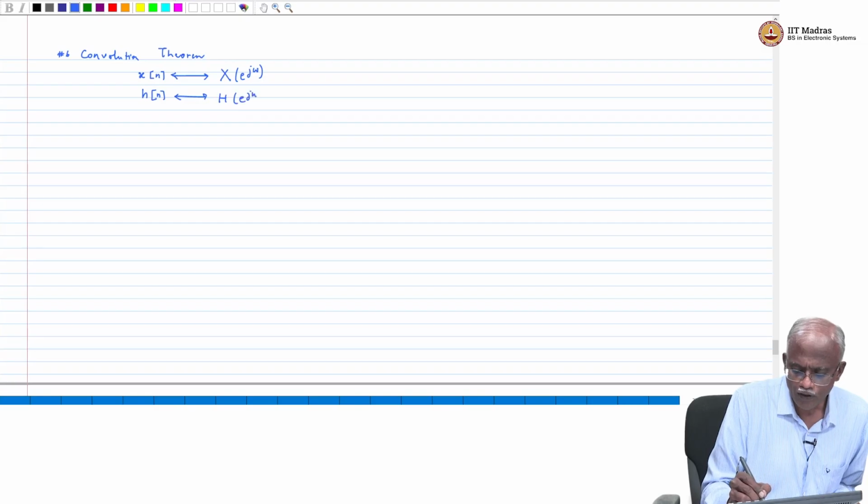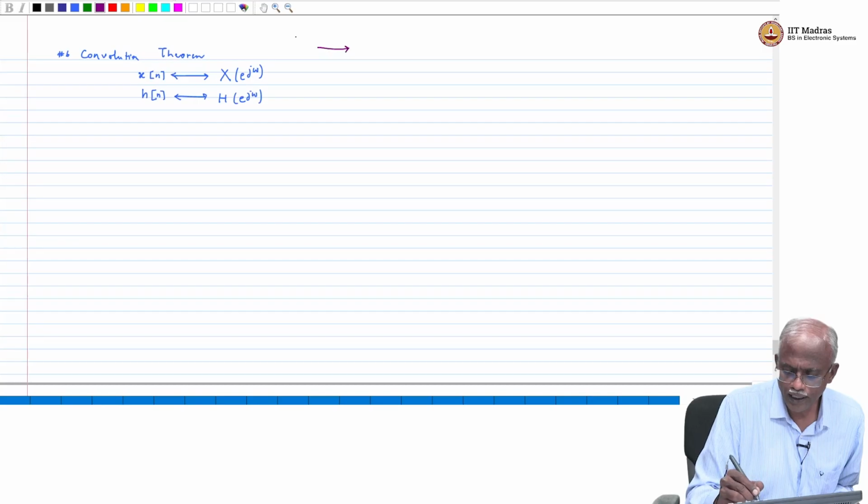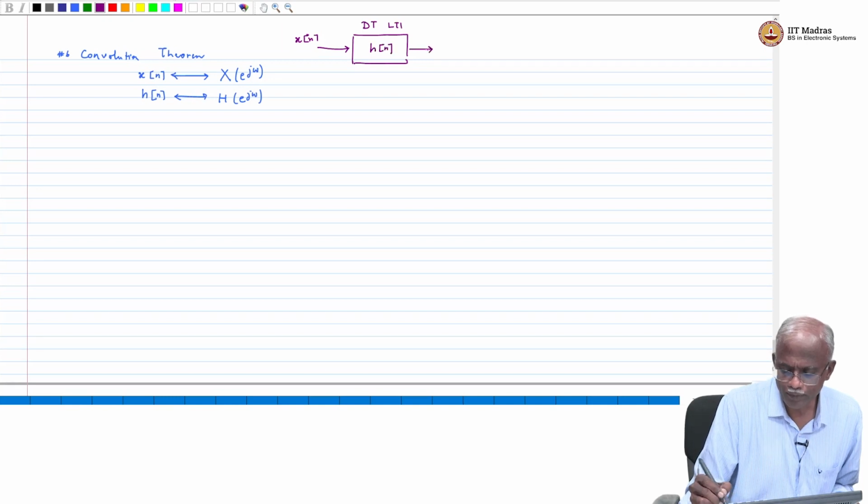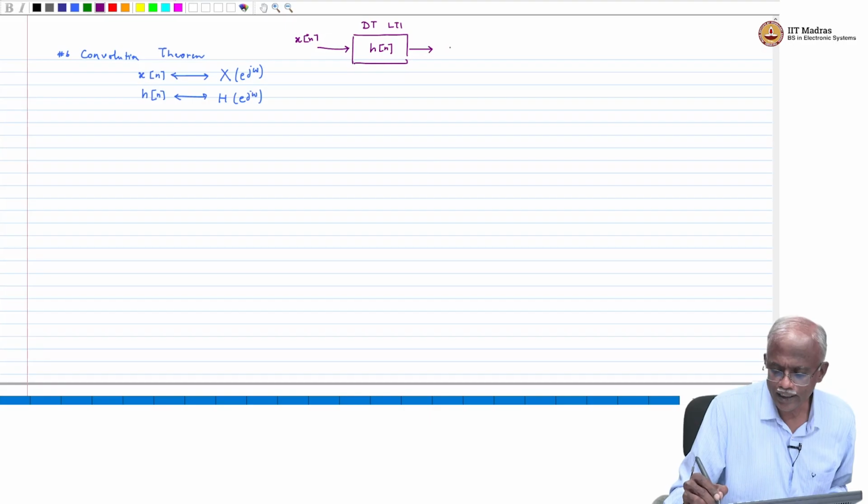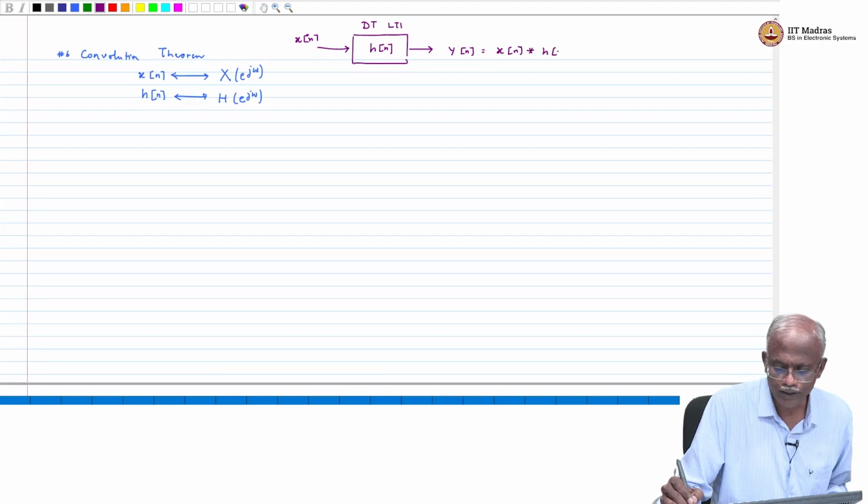The common place where we will encounter this is an input x of n and a discrete time LTI system, which is characterized by its impulse response. Then the output y of n will be equal to x of n convolved with h of n.